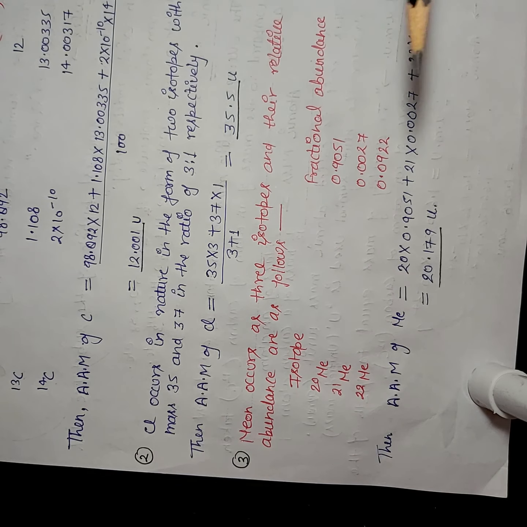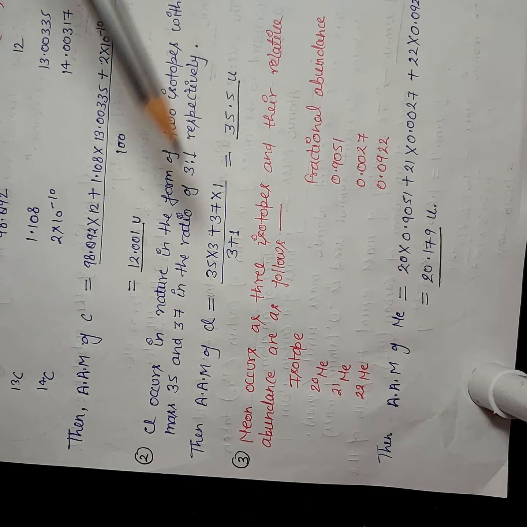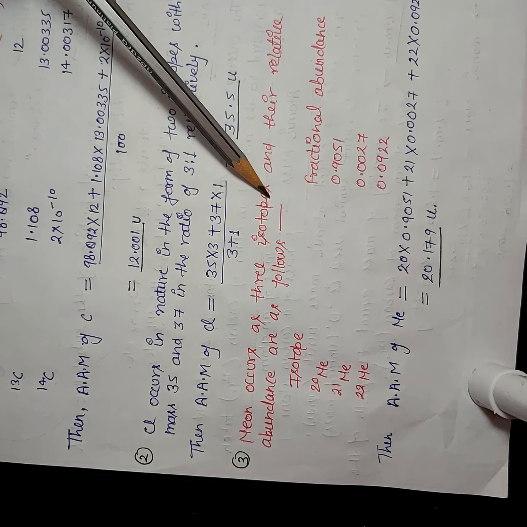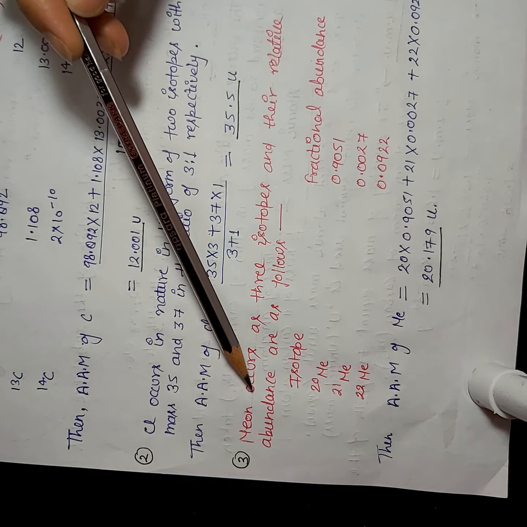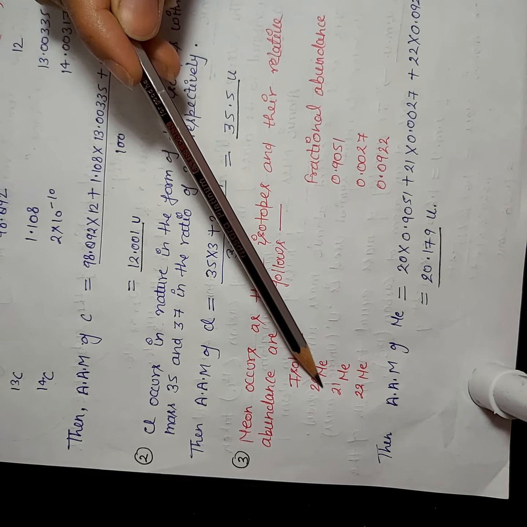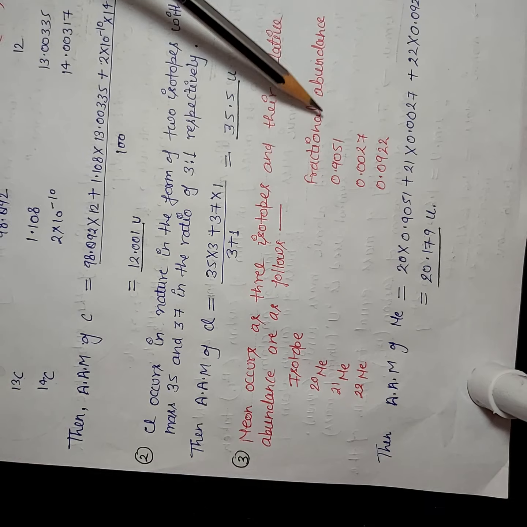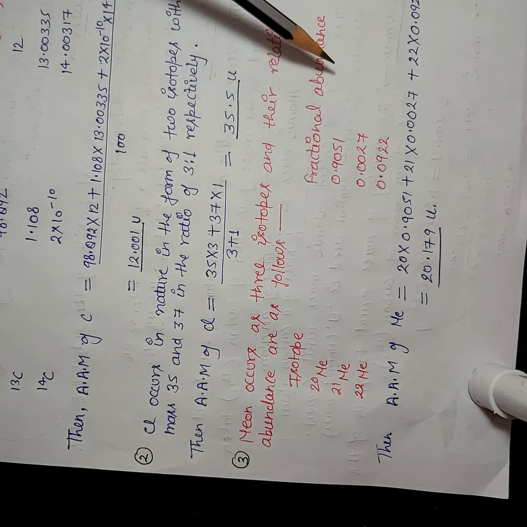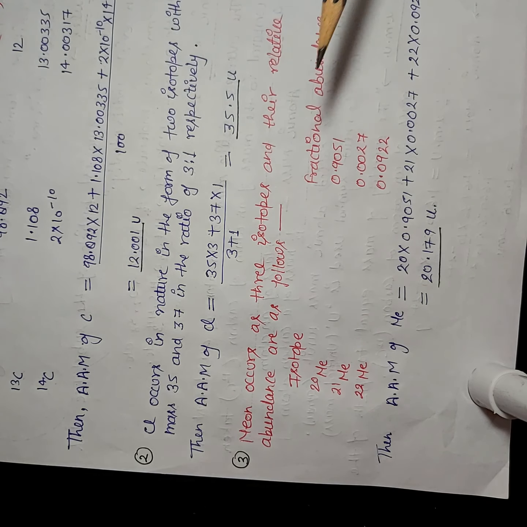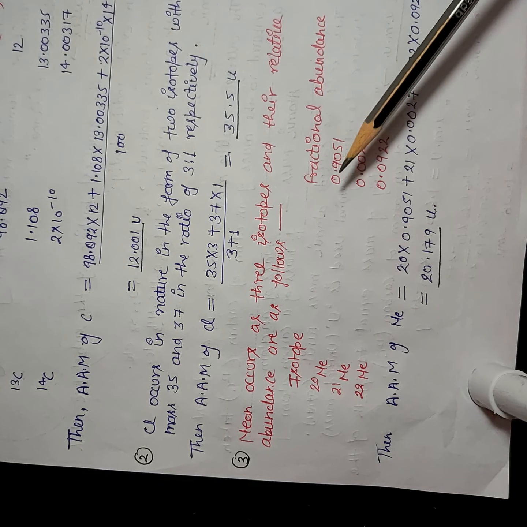And the third and last example is about neon. Neon occurs as three isotopes and their relative abundances are as follows, like isotopes Ne20, Ne21 and Ne22. The abundance is already given in fractional form, so no need to divide by anything.